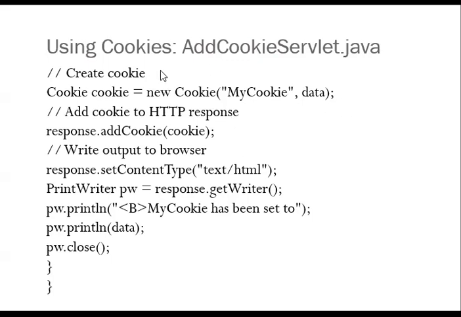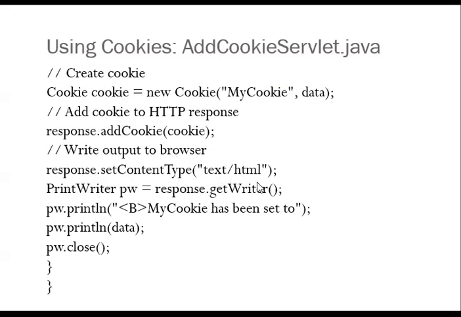Now what happens when we send the response? A cookie object is created. Now this cookie is added to the response. How to add a cookie to a response? response.addCookie, that is passed over here. So now this cookie is added in the response, and this response is forwarded to the browser.